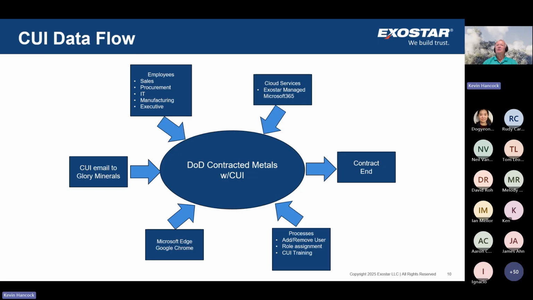But what this helps you illustrate is how CUI comes into our system, which things in our organization may process, store, or transmit that CUI, the different employees or the different organizations within our organization that touch that, what they need to do with it, and then also when that contract ends, how might we remove that, either the people or the CUI itself from the system.